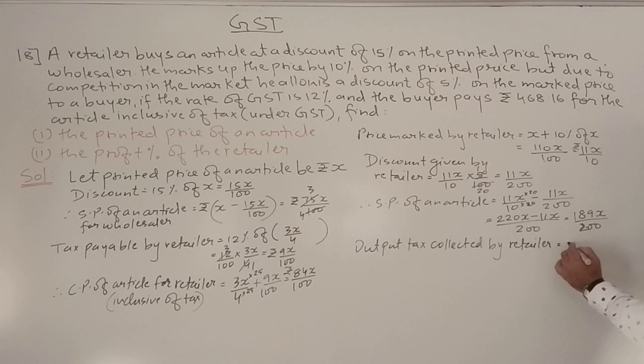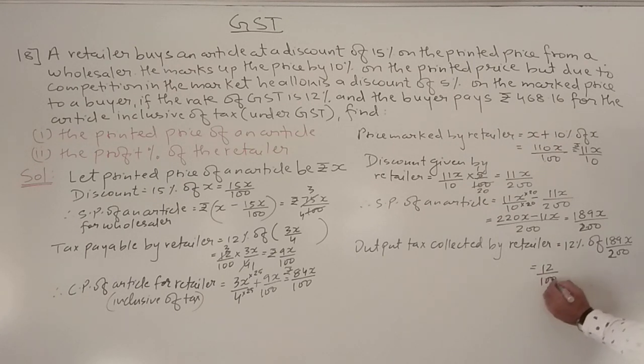It is 12% of 189x upon 200. Oh, it is a long calculation there. So let us keep it this way only. 12 into 189x upon 200 into 100. So let us calculate it as 20,000 only.